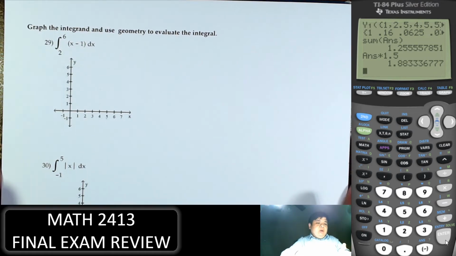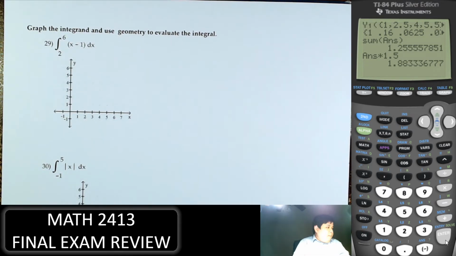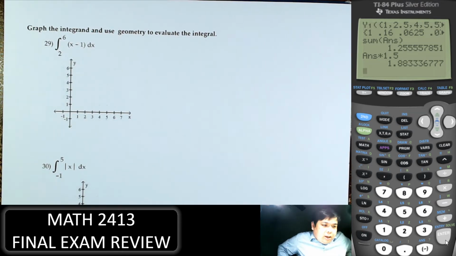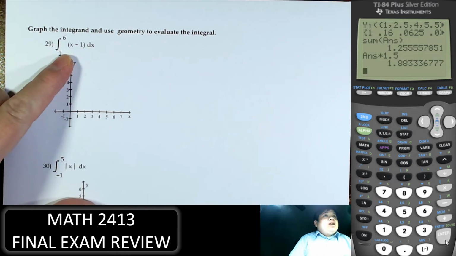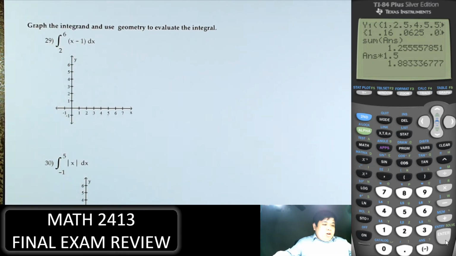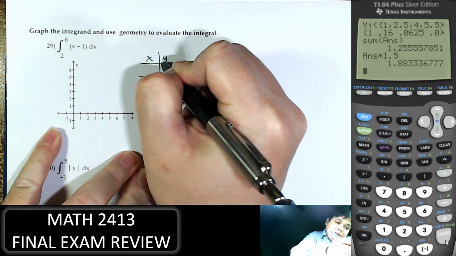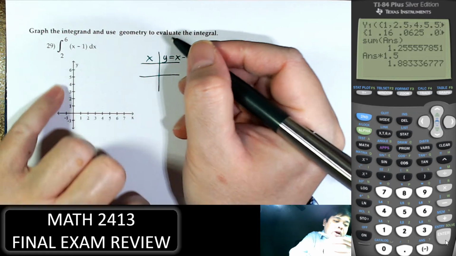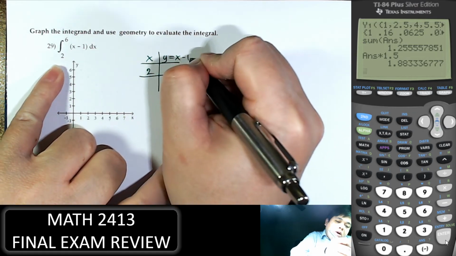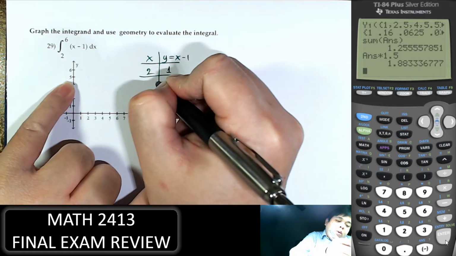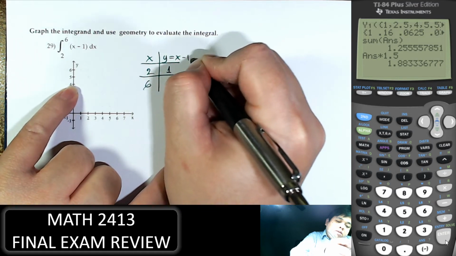Now, this one we just use geometry to evaluate. Right, x minus 1, so that is the linear function. Just make a little table. When x equal to 2, 2 minus 1 is 1. When x equal to 6, 6 minus 1 is 5.